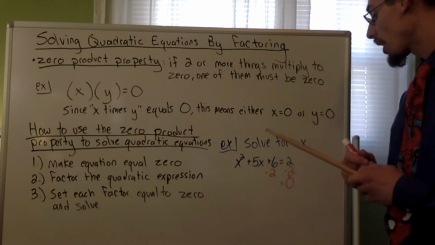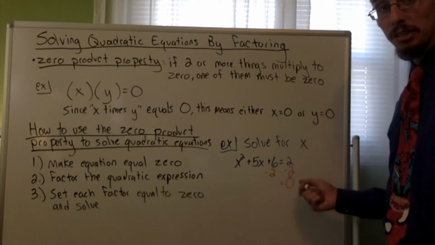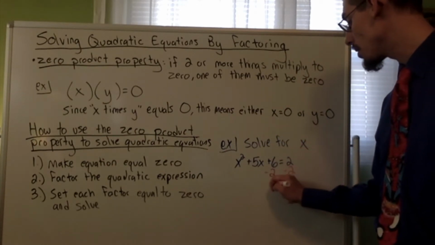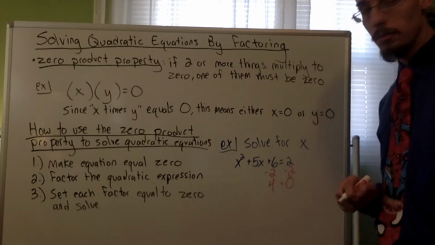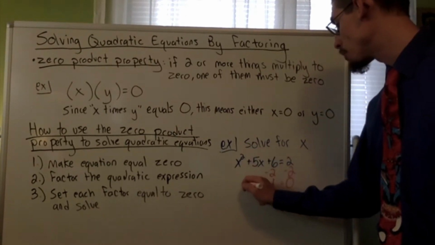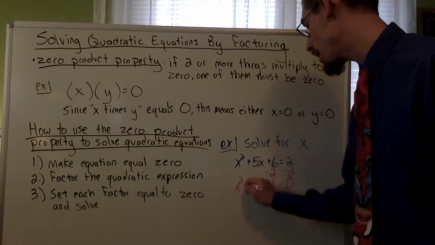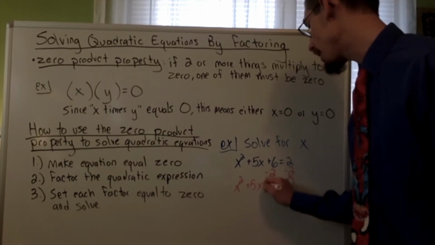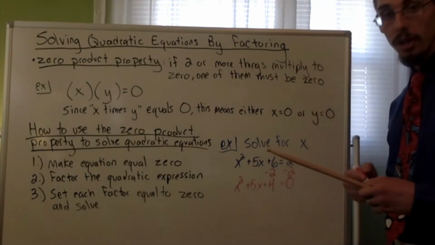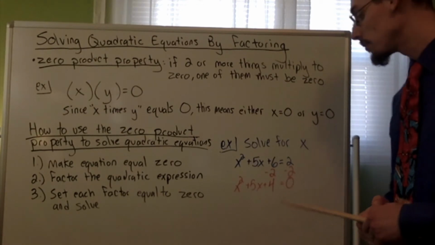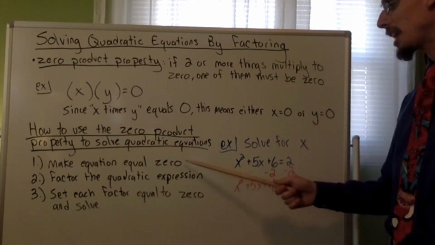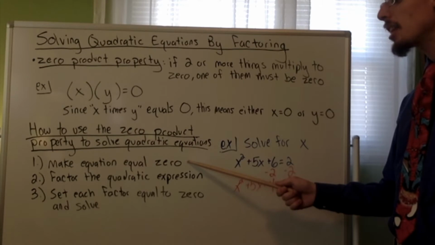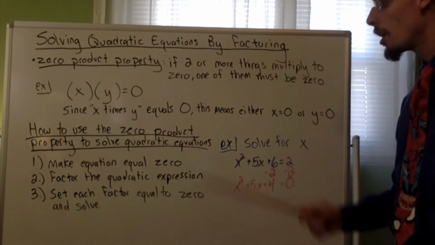So, I have 6 minus 2, which would give me 4. And the rest of the equation I can just bring down: x squared plus 5x plus 4 equals 0. So now my first step is done. I made the equation equal 0.